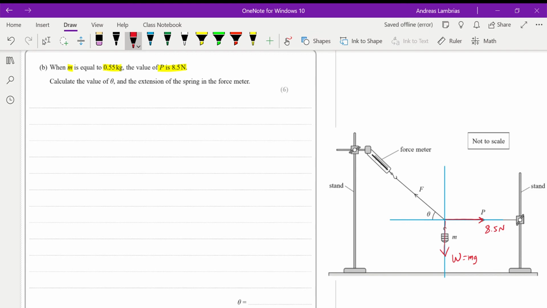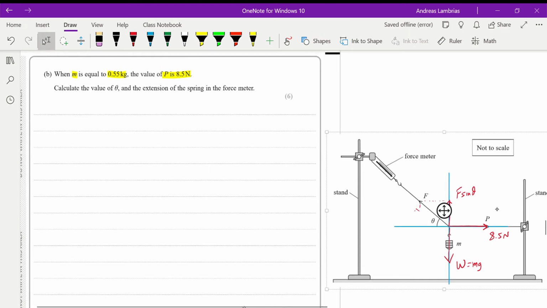And then the force F can be resolved into F sine theta and F cos theta.